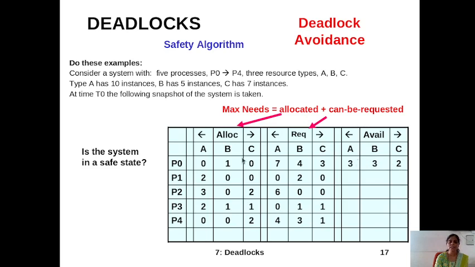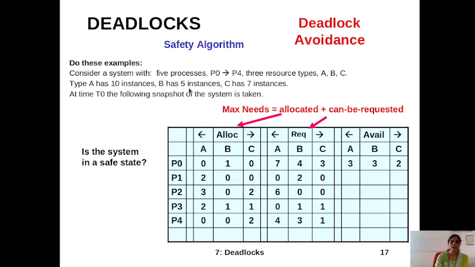How did we get this? We have 10 of A. As you can see, under A, the different processes have been allocated 2 plus 3, 5, 5 plus 2, 7. So 7 resources of type A have already been allocated. Hence the available resources is 10 minus 7, that is 3.